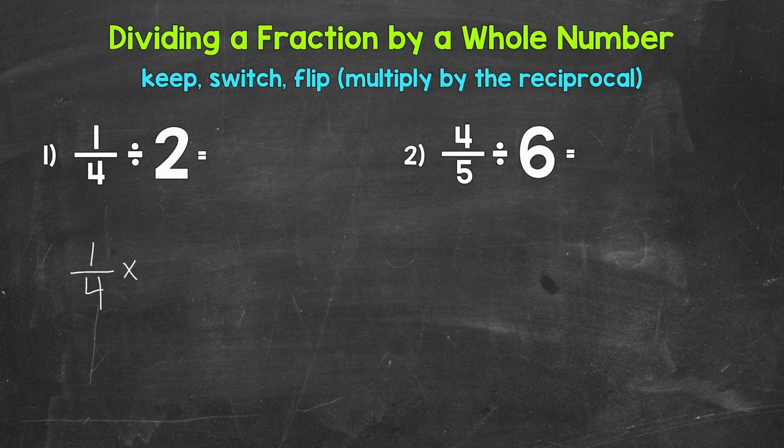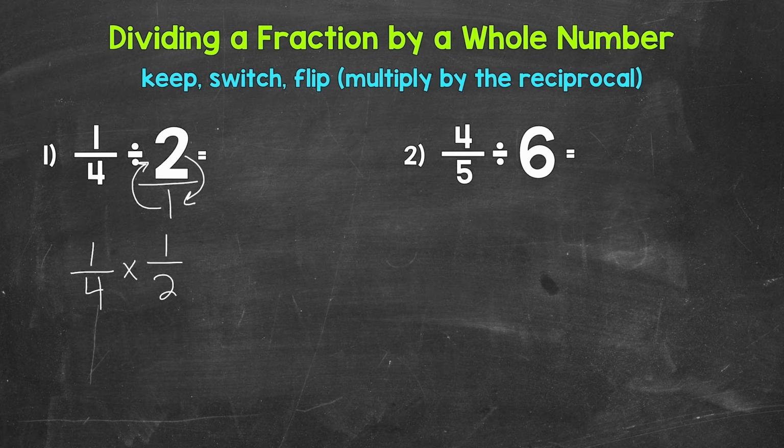Then we flip. But we have a whole number here. So how do we flip that whole number? Well, we need to write our whole number in fractional form. And we do that by writing it over 1. So we put 2 over 1, and now 2 is in fractional form. And we flip this fraction. So 2 is now the denominator, and 1 is now the numerator.